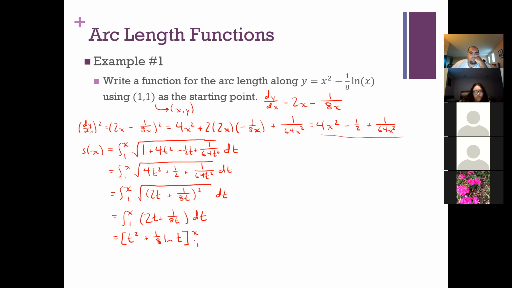Now let's see what happens when I evaluate this at the limits. I get x squared plus 1/8 times the natural log of x, minus 1 squared plus 1/8 times the natural log of 1. This is 0.